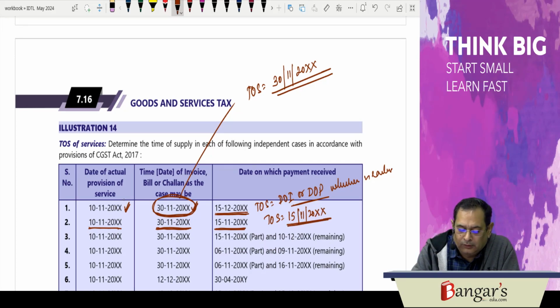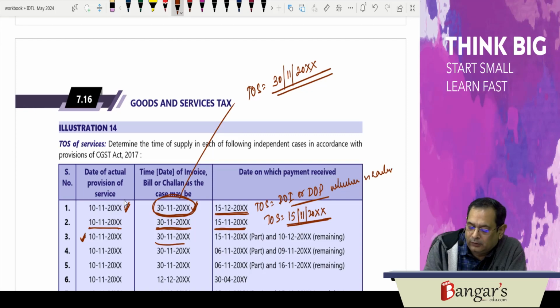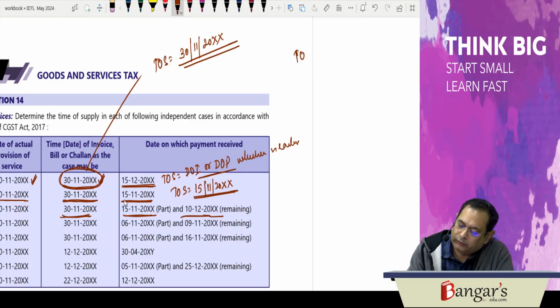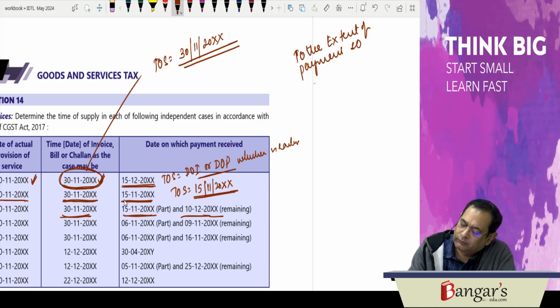Next, the date of provision of service is 10/11. The date of invoice, bill or challan as the case may be, is 30/11. Here part payment has been received on 15/11 and the remaining part has been received on 10/12. So to the extent of the payment received on 15/11, time of supply will be 15/11.